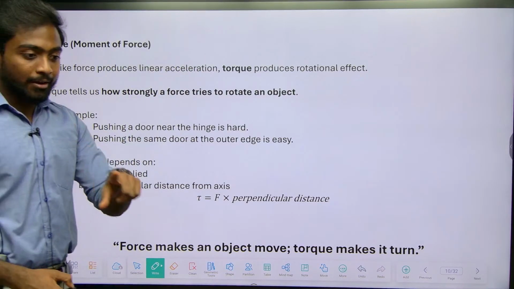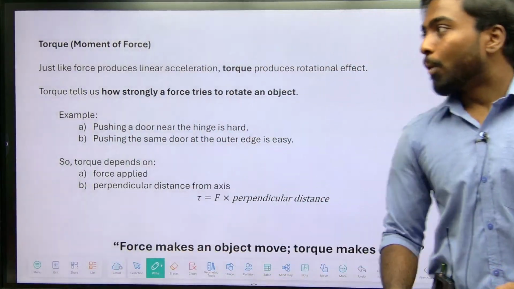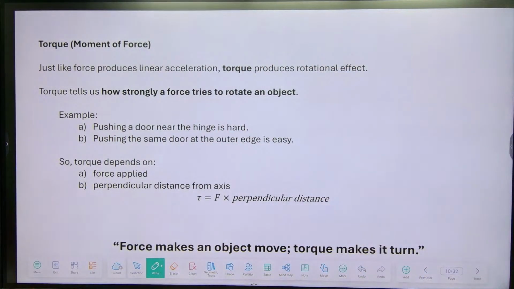One more thing: what is the axis of the door there? Which is the axis? The axis is at the edge. Which edge? This last one, the right side. If I try to push the door near the edge, will I be able to push the door? No, why?